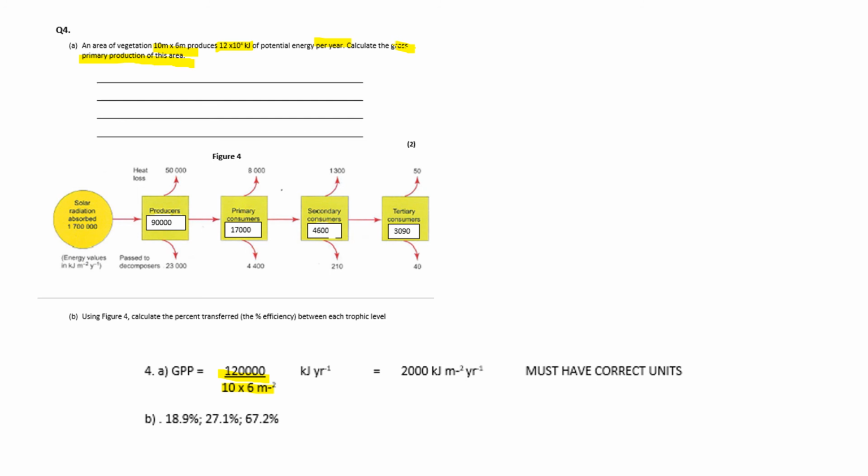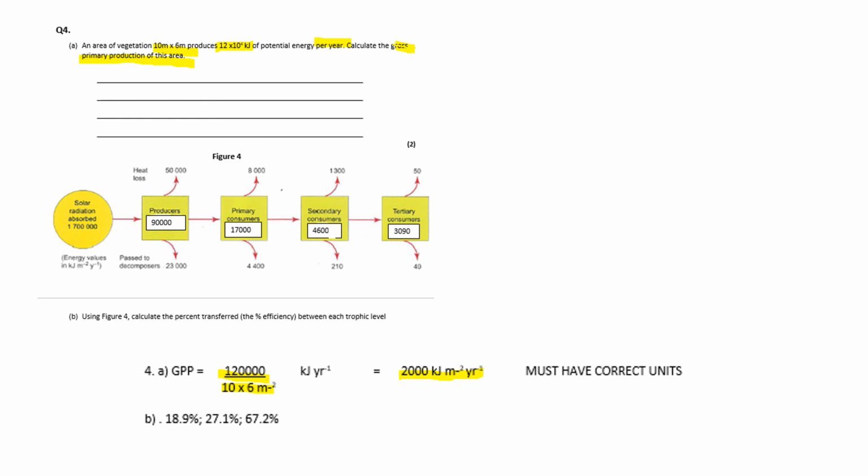Okay, so you're going to do 120,000 divided by 60, and that will give you a figure of 2,000 kilojoules per meter squared per year. Look at your answers. Does it look sensible? Yes, it does, based on those figures.